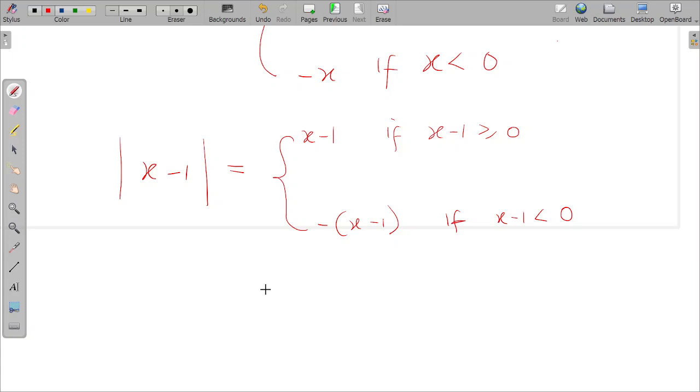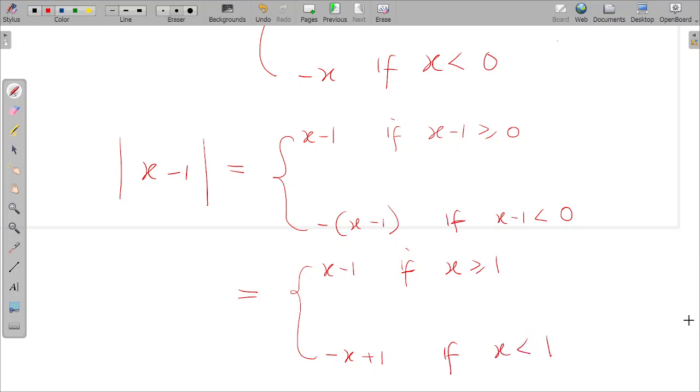Now I will further define this. It is equal to x minus 1 if x is greater than or equal to 1, and this is still the same, but I just want to write it this way, though you can still leave it as a bracket there, if x is less than 1.